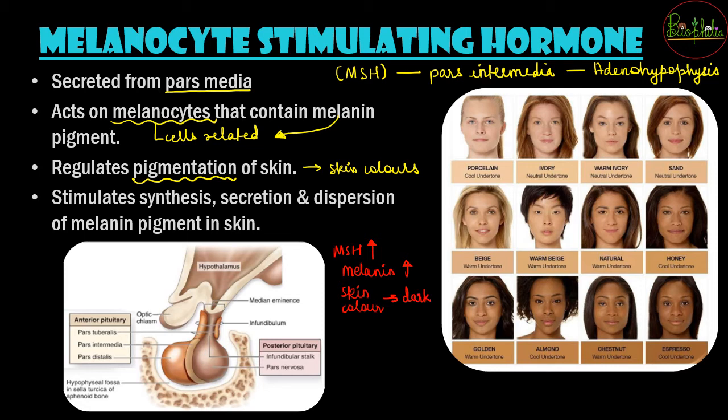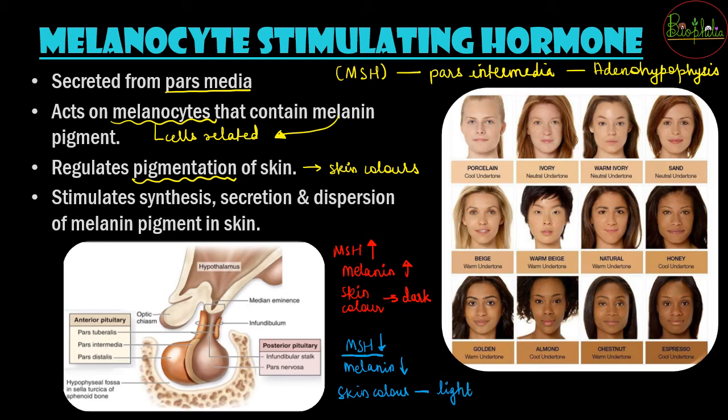So you will be going into your dark tones of your skin, whereas if you are having MSH secretion lower down, that means melanin pigmentation will be lower and your skin color will be lighter toned, and that is going to give you the skin that most of the people like, but that is not in your control.